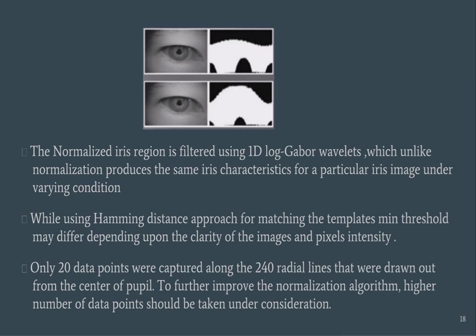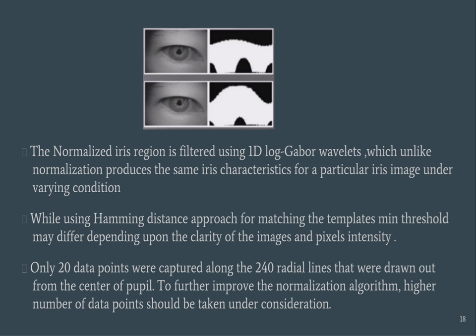Normalization and segmentation are very crucial parts of this model. And the normalized iris region is filtered using log-Gabor wavelets, which, unlike normalization, produces the same iris characteristics for a particular iris image under varying conditions, such as different pupil dilation, or different rotational or translational inconsistency that might occur.